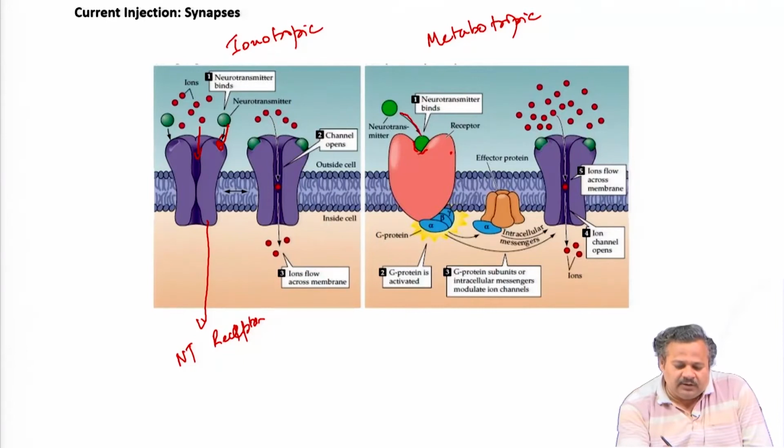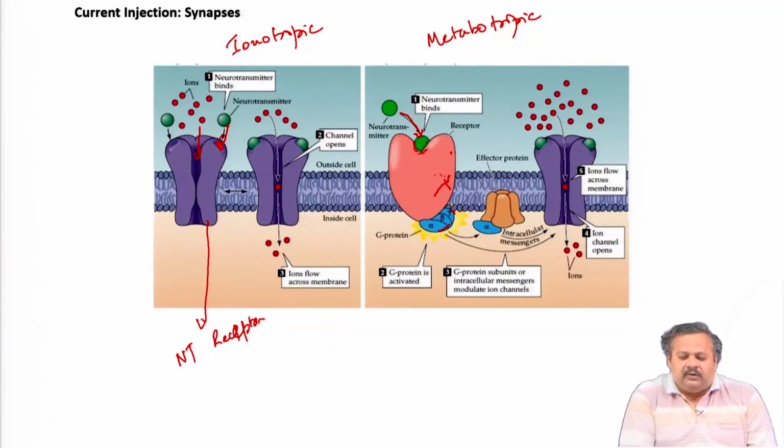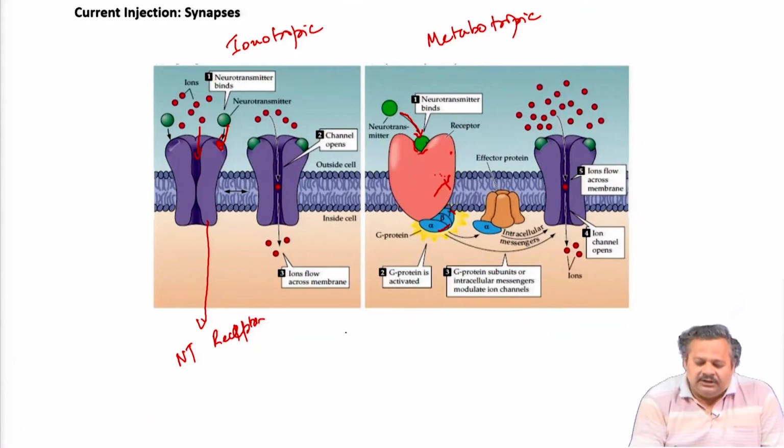The neurotransmitter binds to this binding site, and this receptor is coupled with other proteins inside the neuron on the postsynaptic side. The most important kind of such receptors are G protein coupled receptors.